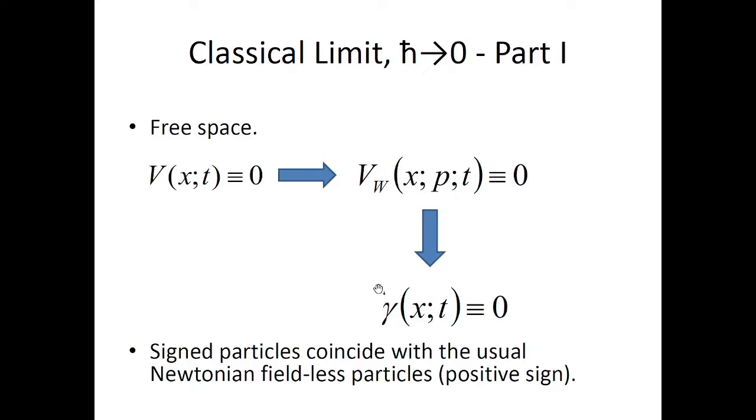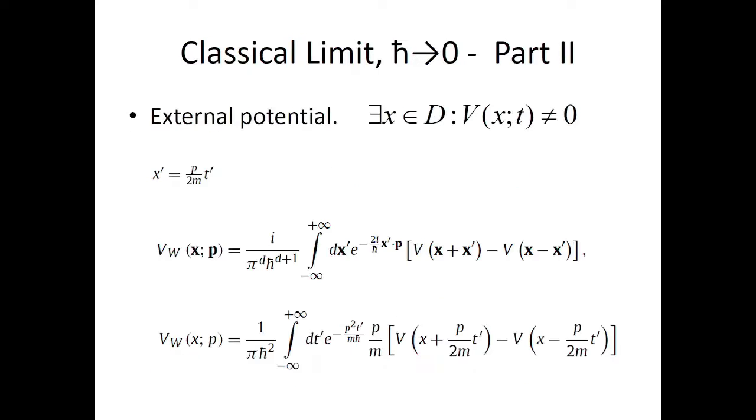So since gamma is identically 0, we can conclude that sign particles coincide in this case with the usual Newtonian fieldless particles, and only positive signs are allowed. So we are really in the case of classical mechanics. In the case of free space, we can re-obtain classical mechanics from the sign particle formulation of quantum mechanics very easily.